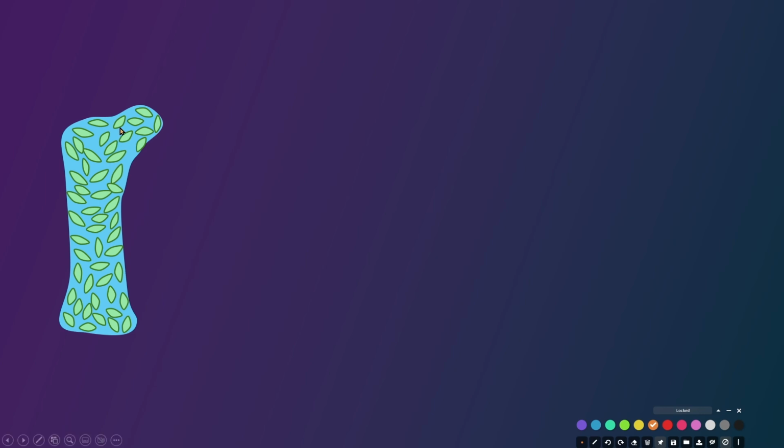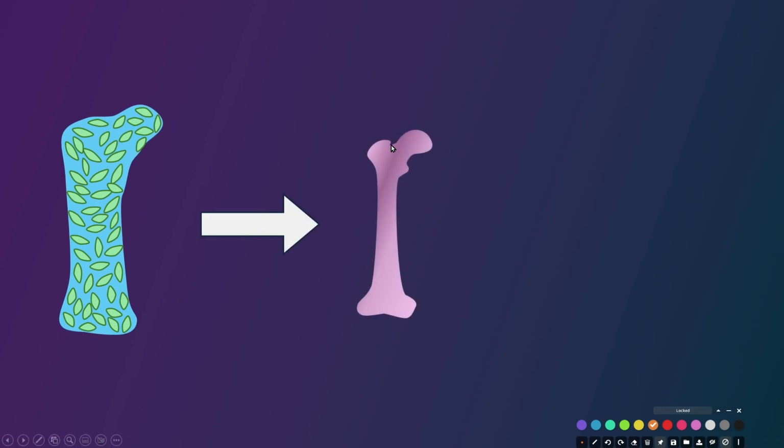So again, it has condensed into a basic structure, but it does not go directly to form the bone. Instead, what it does is that it first forms a cartilaginous model. Actually, this mesenchyme transforms into a cartilage, and then that cartilage transforms into the bone. That cartilage converts into the bone.